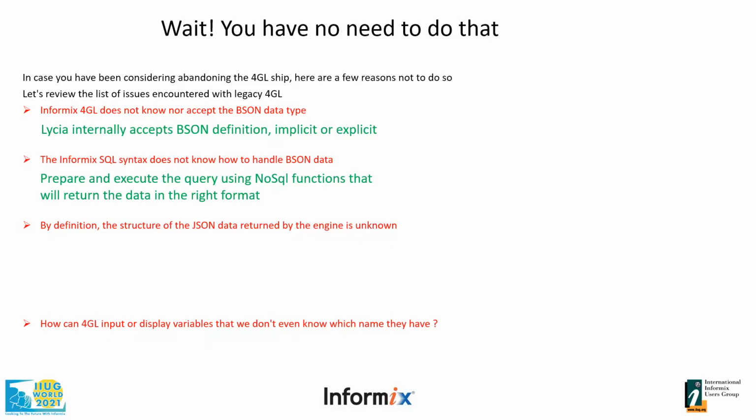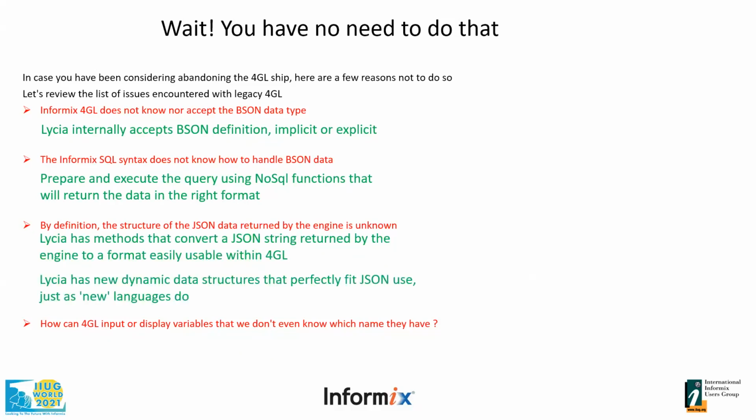Third question. By definition, the structure of the JSON data returned by an engine is unknown. That's true. Lycia has a method to convert a JSON string returned by the engine to a format easily usable with 4GL, and Lycia has dynamic data structures, so BSON perfectly fits JSON use, just as the new languages do.